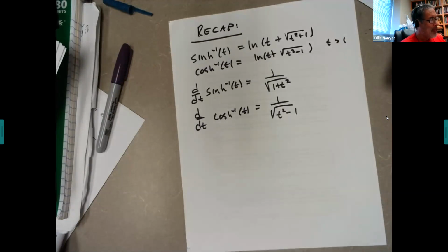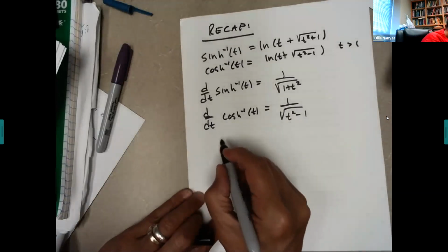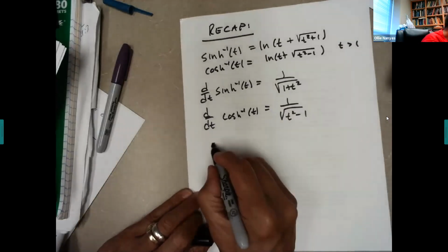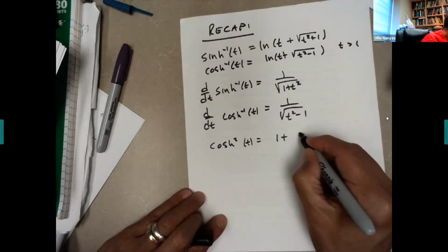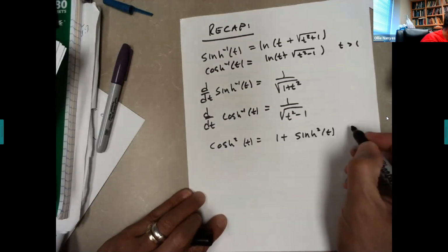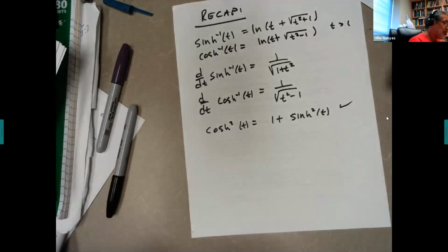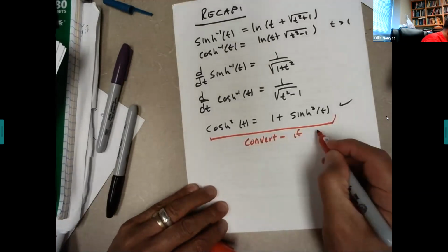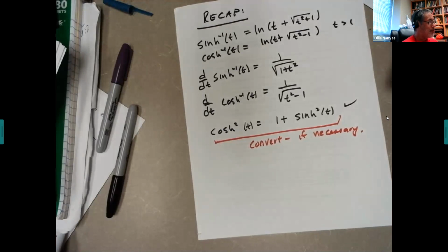And then the other important thing, and we're going to actually use this here, is remember what I call the circle relation here, the hyperbola relation. This is going to be important too, because we're going to be using this part right here to convert, if necessary. And that's what we need with the hyperbolic trig functions.